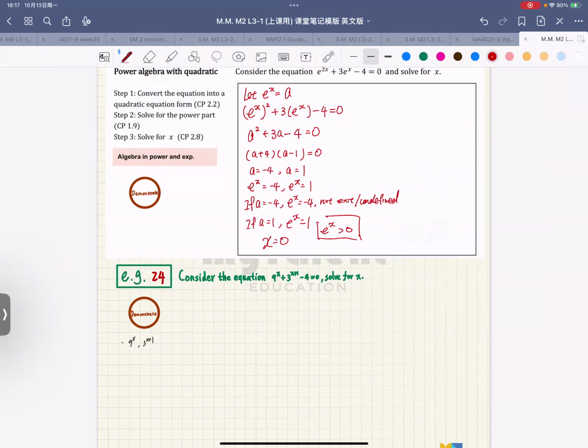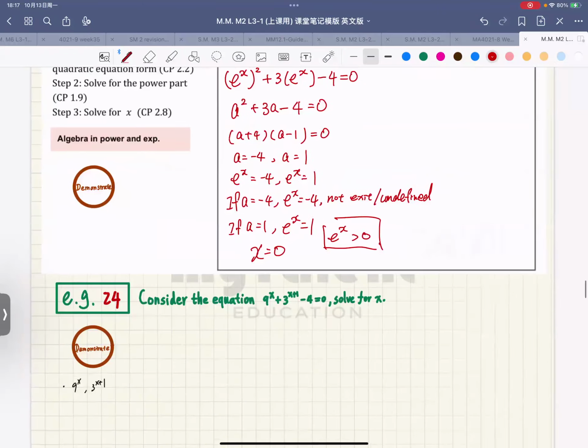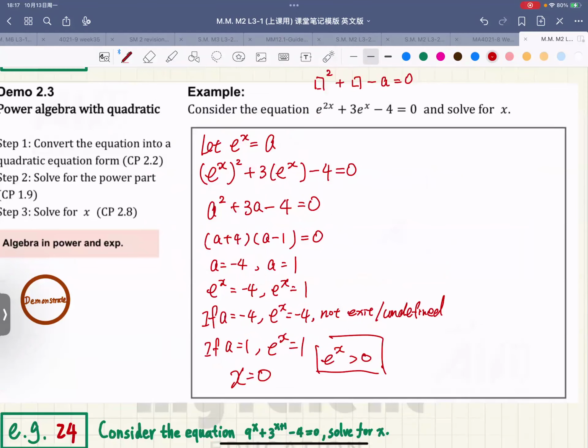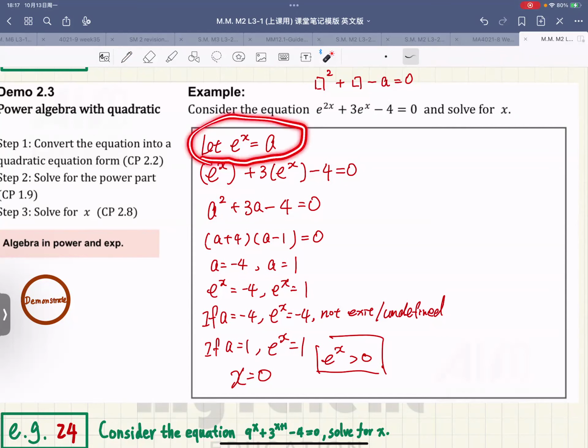No? Okay, basically let's summarize what we've done here. We link the equation to a quadratic. We break it up to e to the power of x, bracket to the power of 2, and we let e to the power of x equal to a, and this is a quadratic.